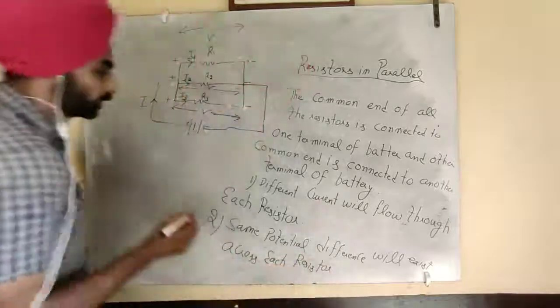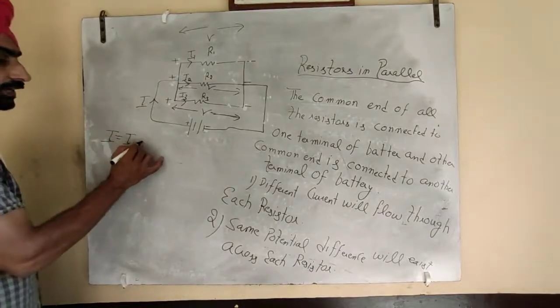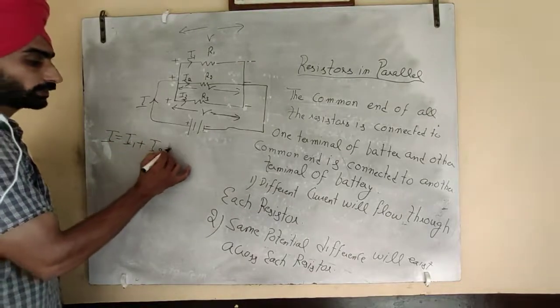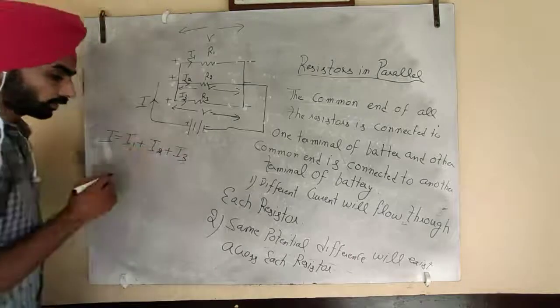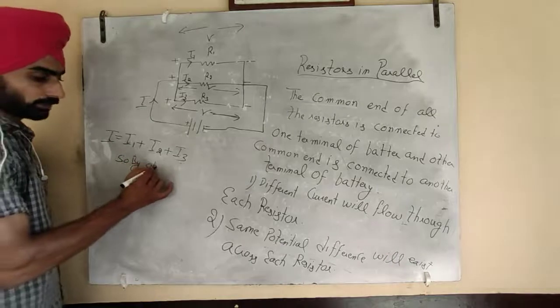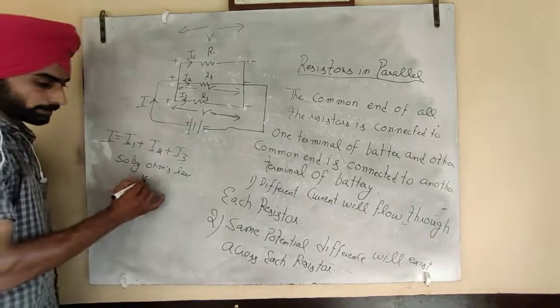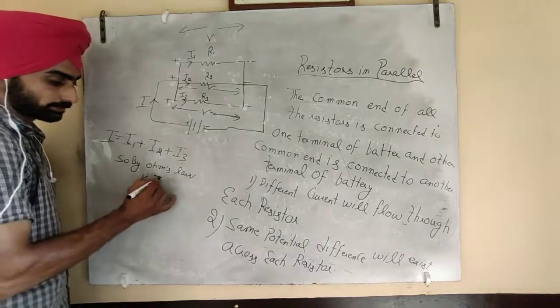Okay, so by the diagram, I is divided into three ways: I equals I1 plus I2 plus I3. So by Ohm's law, what is the value of I? V is equal to IR.